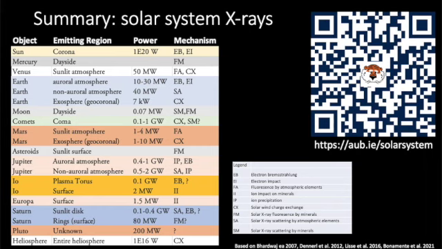The abbreviations are explained in the legend down below. In very brief, you can see that there's an enormous range of X-ray luminosities, going from 10 to the power 20 watts for the sun down to about 1 megawatt for Mars, and all of those are highly variable.